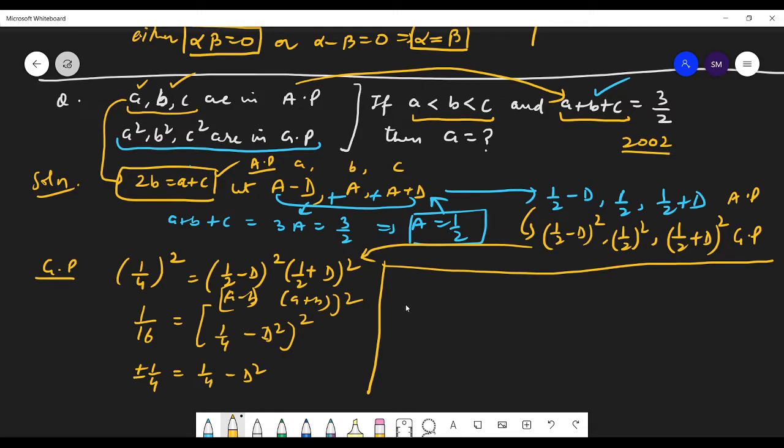So what do you get, students? D square is equal to... D square cannot be negative.